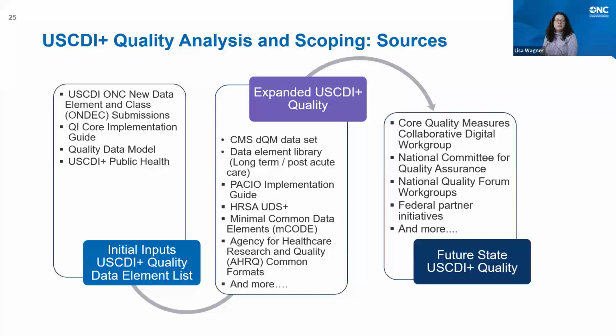Then we also looked at areas such as the data element library and the AHRQ common formats. And we're continuing to explore additional areas to look, including comments from our partners that we received as part of the first public comment on the USCDI Plus quality data element list earlier this year. Next slide, please.